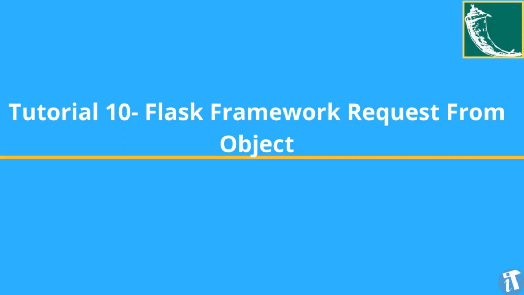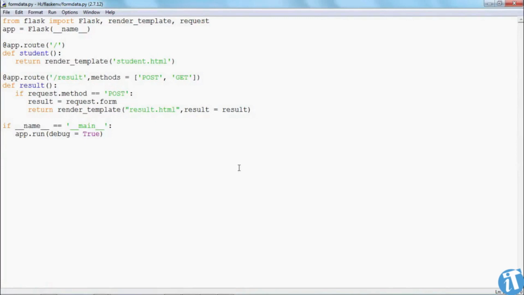In this video, we shall see the form attribute of the request object in a Flask application. Using this example, we shall now see how to send HTML form data to a particular URL which is defined by the route decorator in your Flask application.